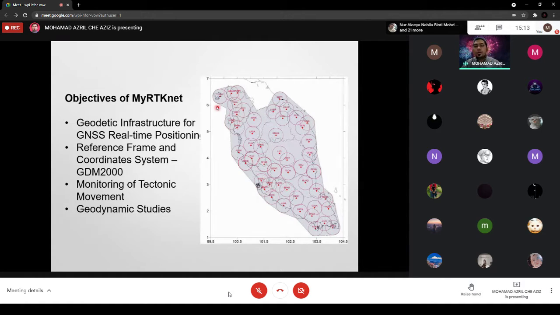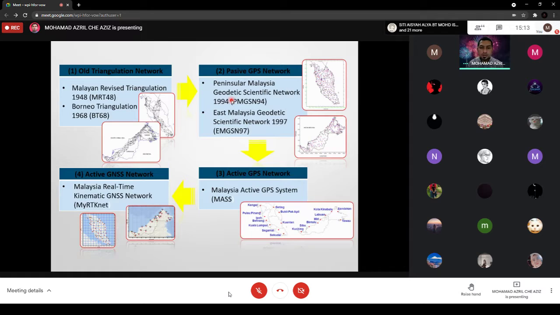So for example, if you work around this area using the GPS instrument, you can tie to three of these control stations, and then it will calculate your position while you carry out the observation.